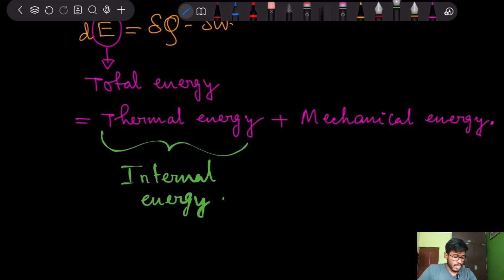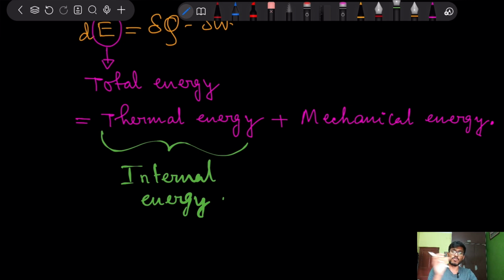If you are analyzing a flowing fluid, then it will be the enthalpy, that is the total heat content, that will be the thermal energy of that amount of fluid. But here we are considering a solid, and the solid is not flowing.